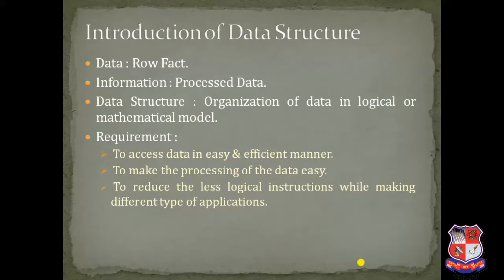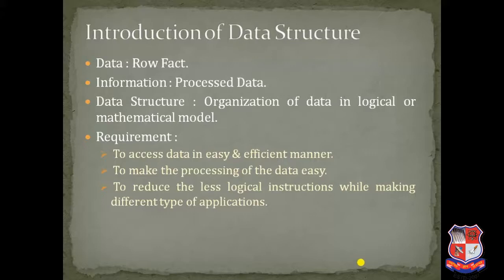Introduction of data structure. Data is a raw fact. If we say a number, then the number doesn't have a specific meaning. But instead of that, if we say an enrollment number, then anybody can come to know that it is a unique identifier which is used to identify the student.